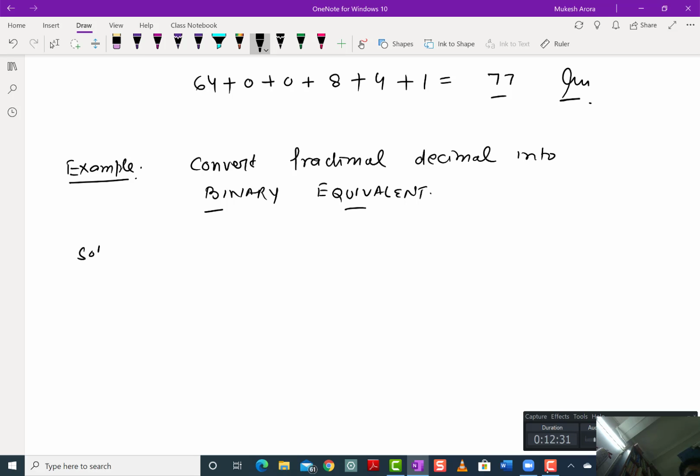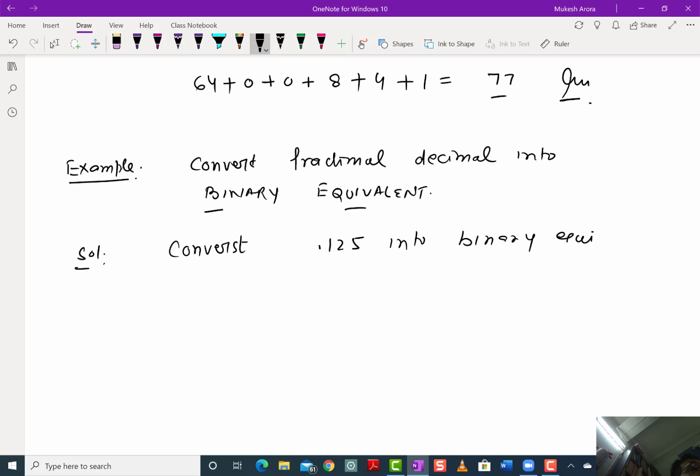So we have to convert 0.125 into its binary equivalent. This is how to convert the fractional decimal into binary equivalent. This is the decimal fraction, 125 by 1000, to the binary.